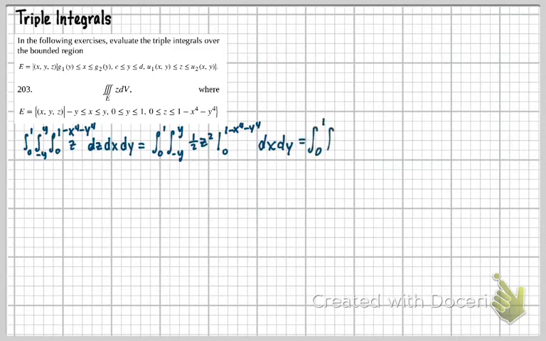From 0 to 1, integral from negative y to y, a 1/2 times 1 minus x to the fourth minus y to the fourth, squared. And then minus the 1/2 times 0 squared, which is just 0, so I'm not going to worry about that. And that's dx dy.